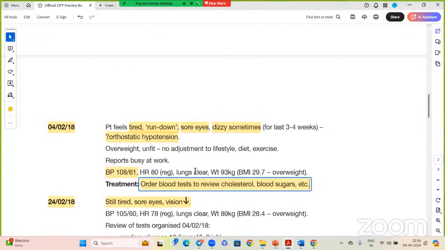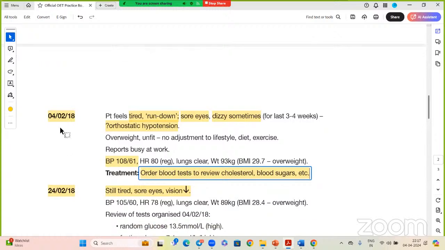Next one. So just now what happened? What happened with these things? Blood tests were ordered. So now we got the results. What are the results?